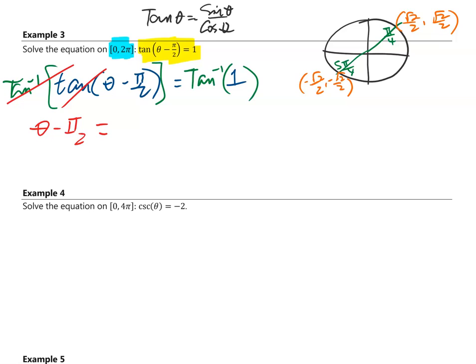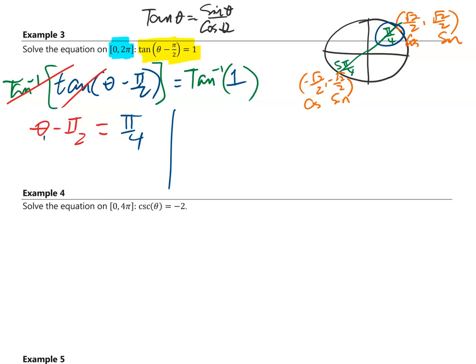In the unit circle, we have pi over 4, with the coordinates square root of 2 over 2 and square root of 2 over 2, because we know that tangent theta is sine over cosine. When we divide these two, it is equal to 1. Same thing here, this is cosine and this is sine. When we divide these two, negative square root of 2 over 2 over negative square root of 2 over 2 is equal to 1. So the first one is pi over 4.